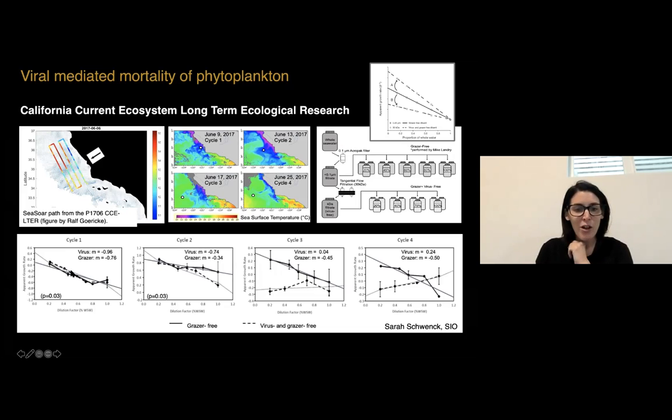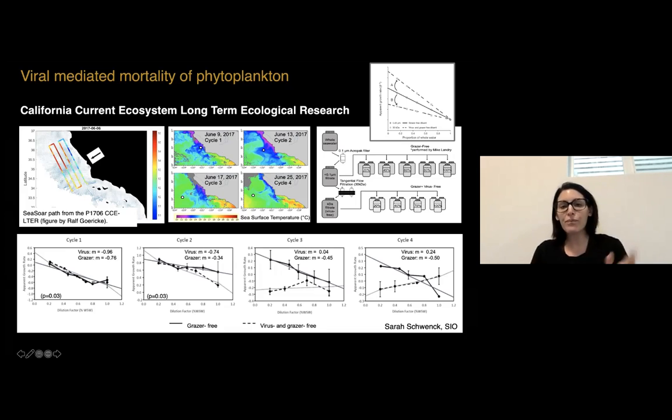You have in solid the grazer free, and then in dash the virus and grazer free. But what I really wanted to show you is just this line, which is the slope. And you can see that in cycles 1 and 2, where you have the upwelling water, we definitely see a stronger, more direct impact of viruses on the phytoplankton, as opposed to cycles 3 and 4.